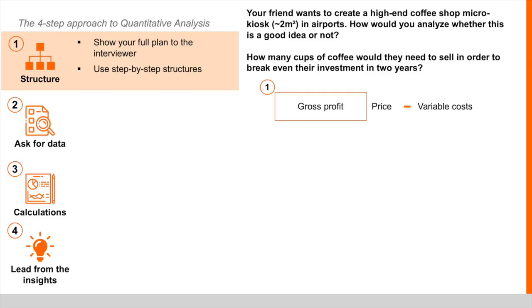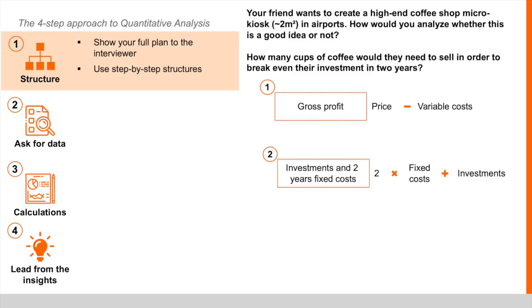Okay? Now what I have is fixed costs, investments, and profit per cup of coffee. And so the next thing that I know that I can get to and that I know will help me is the total fixed costs and investments that I'm going to have over these 2 years. So that's basically 2 years' worth of fixed costs plus the investments.